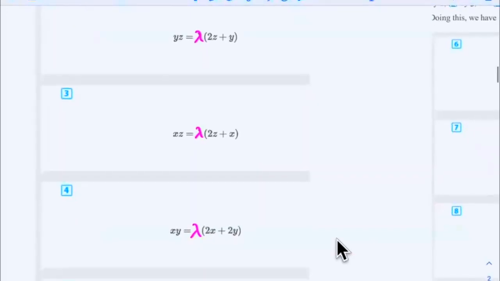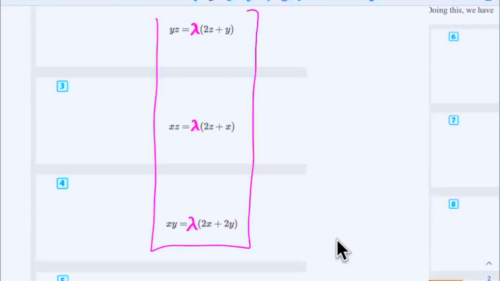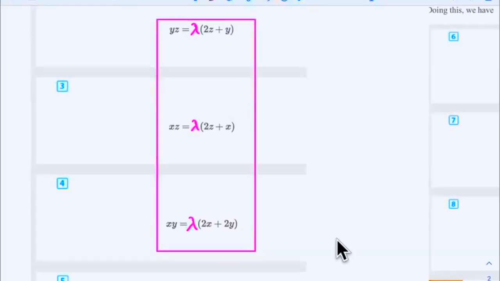And remember, we need one more equation. Those equations come from the gradient of f being lambda times the gradient of g. So this one over here comes from the gradient of f equal to lambda times the gradient of g.